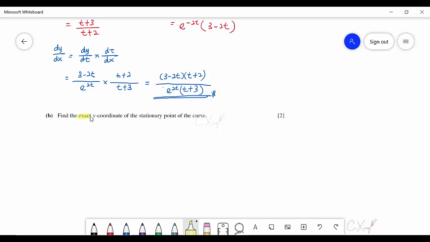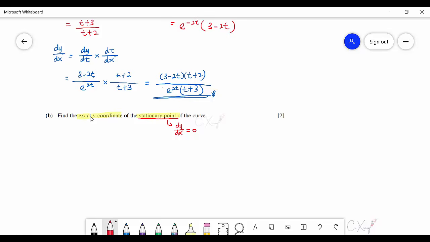All right, so they want the exact value for the y coordinate of the stationary point of the curve. When you see the words stationary point, it means it can be either a maximum, minimum, or inflection point where dy dx equals 0. Once you see this, you know that you should let dy dx equal 0 and solve it.